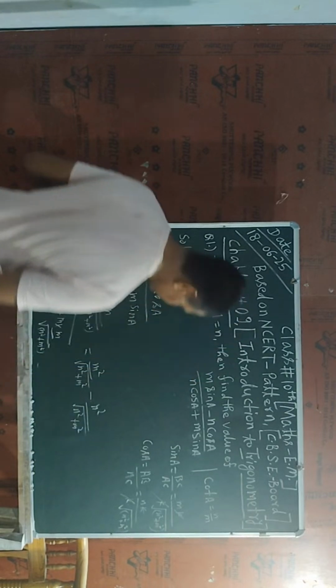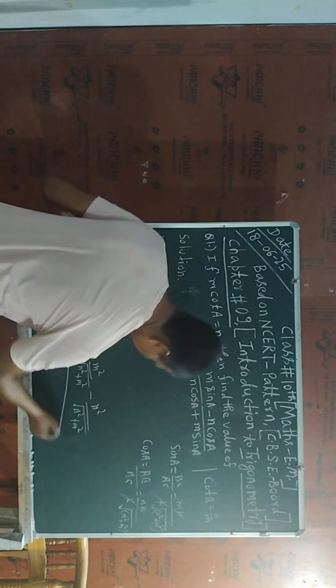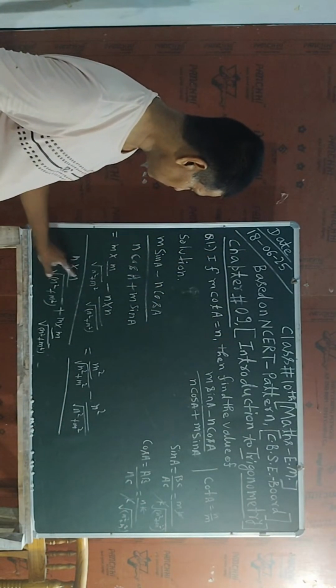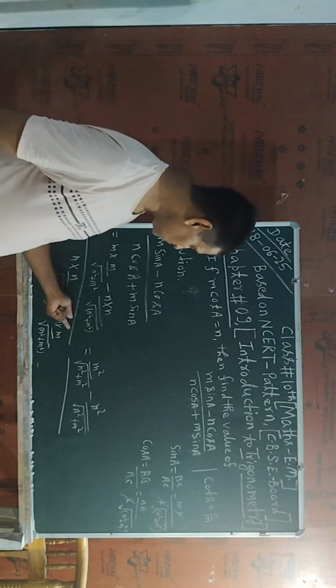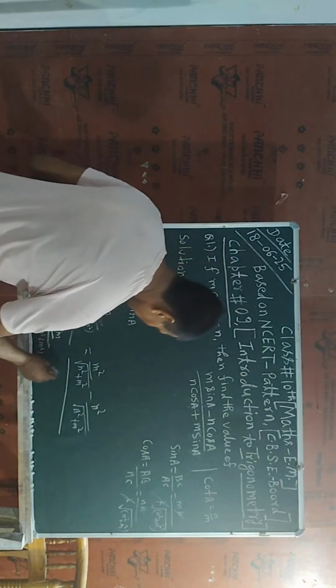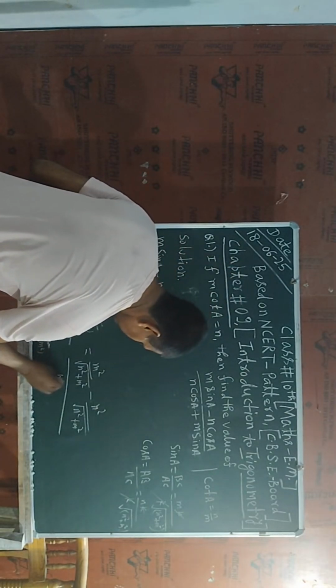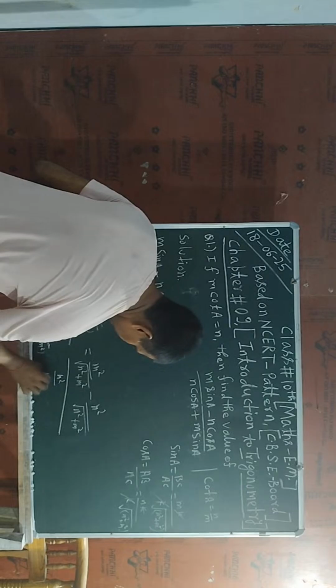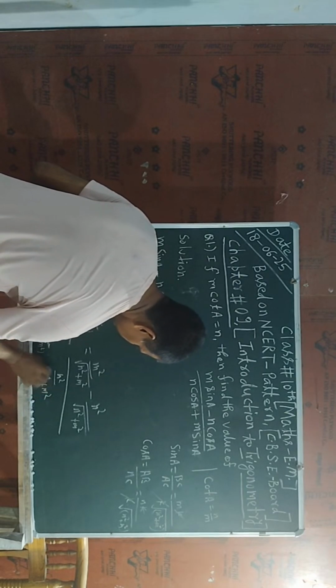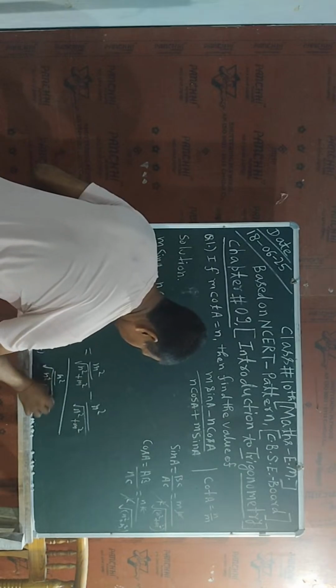Similarly, the division value is given here. So here N into N, N square divided by this much, and M square divided by this much. So here I will write N square divided by N square plus M square. Just here I am simplifying its value.